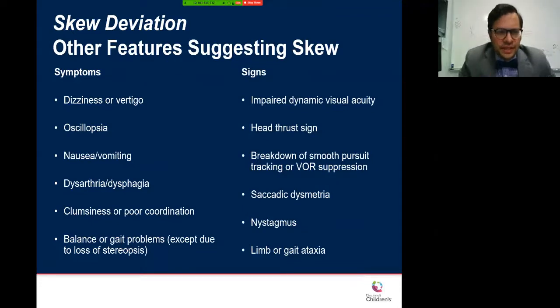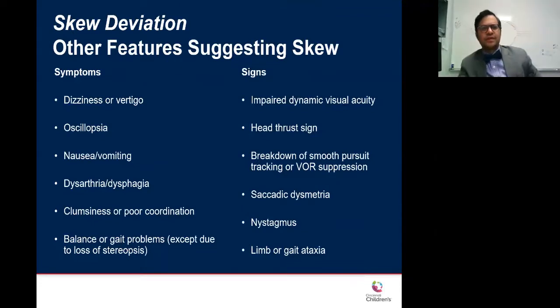But this list summarizes other features that they describe when they talk about their vertical misalignment. They're describing dizziness, vertigo, oscillopsia, nausea and vomiting, mainly because the brainstem is also involved, dysarthria, dysphagia, clumsiness or poor coordination, and balance and gait issues.